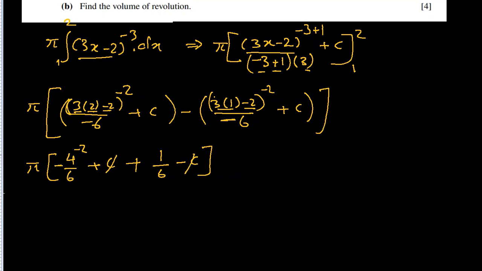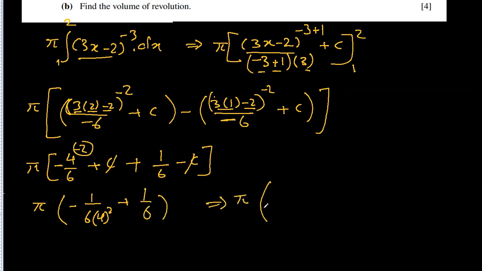Plus c and minus c cancel out, and we're left with, okay, first we have to make this positive, so minus 1 over 6 times 4 squared, it becomes a denominator itself to become a positive exponent, and 1 over 6, alright, pi times minus 1 over 96, yeah, 16 times 6 is 96, plus 1 over 6, and if we solve this, it becomes pi and 15 over 96.